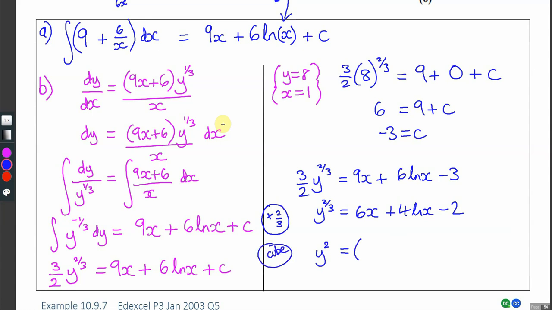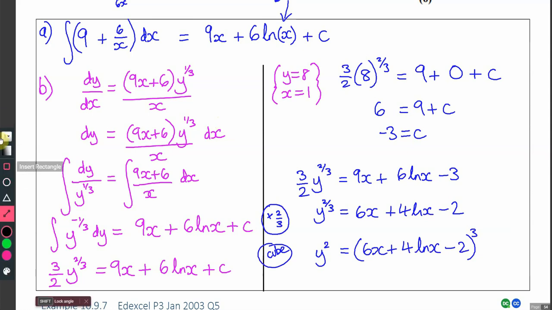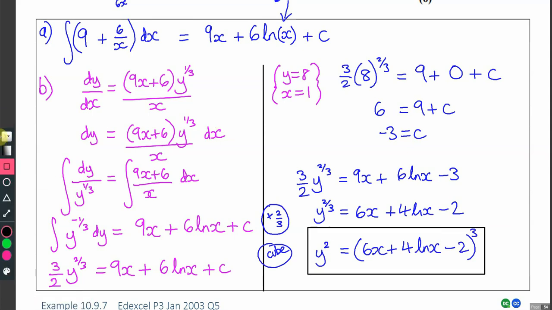So cubing both sides, I'm not going to expand this bracket on the right hand side cubed. There's no need to. This answer is in the form that the question wanted: y squared equals some function of x. So don't waste time trying to expand the right hand side. That will get full marks.